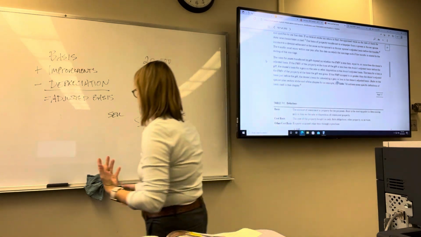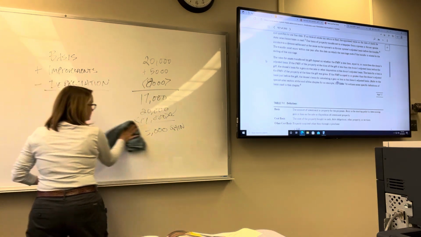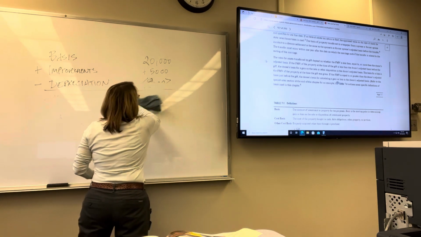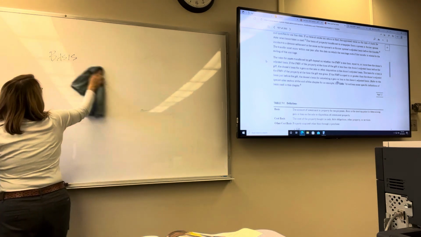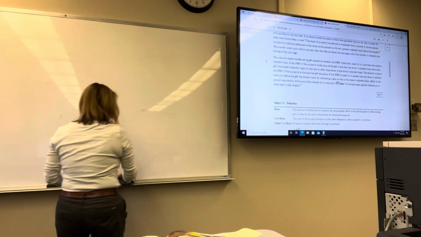Okay, so let's go back to our home, or our building that we inherited. Sorry, we didn't inherit it, I inherited it. So now we've got to do kind of a comparison here.